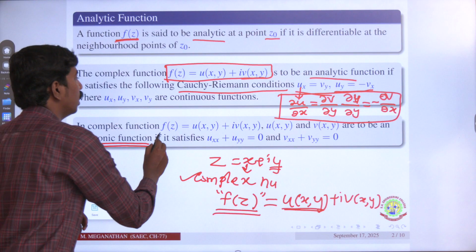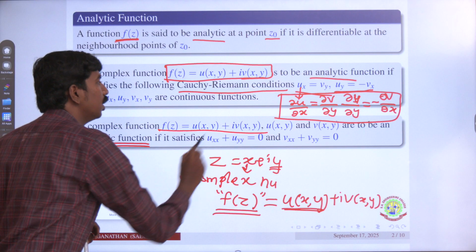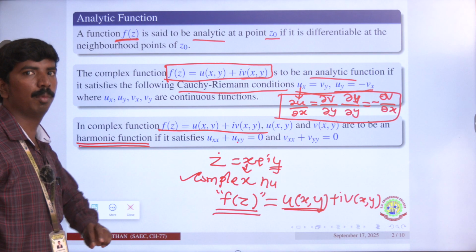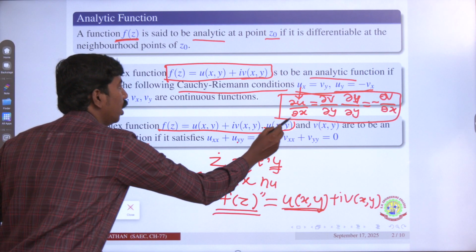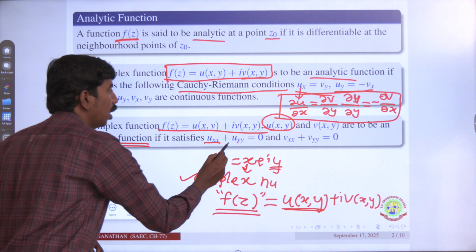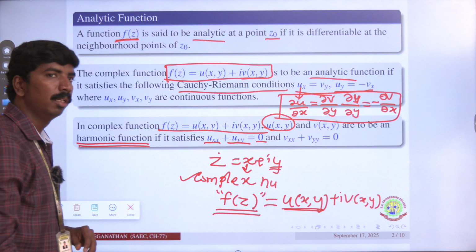A harmonic function: in the function f of z equal to u of x comma y plus i v of x comma y, u of x comma y is said to be a harmonic function if u xx plus u yy equal to 0.